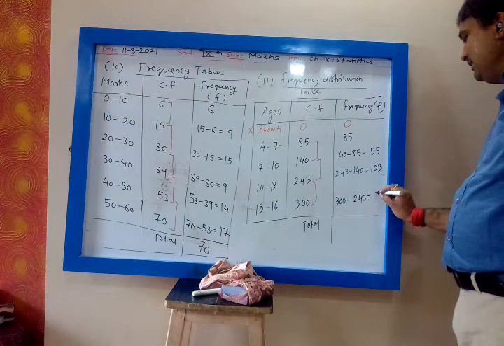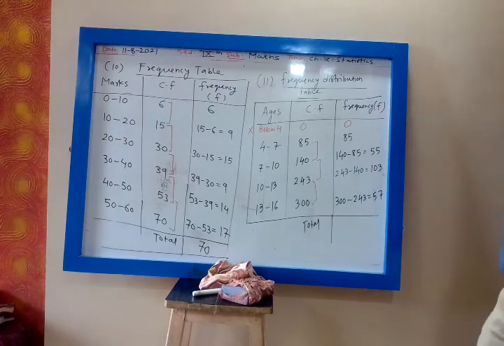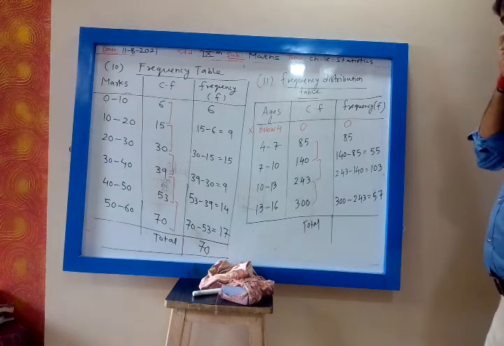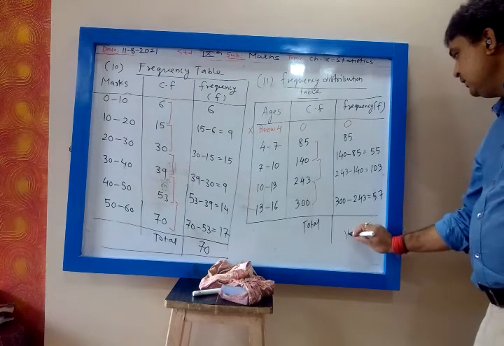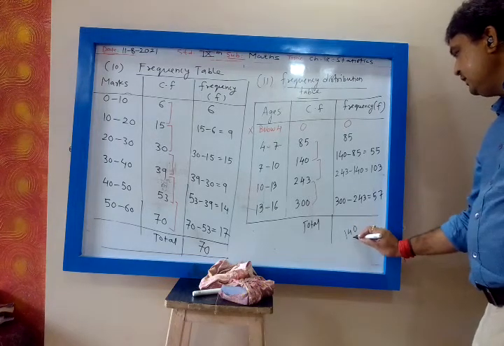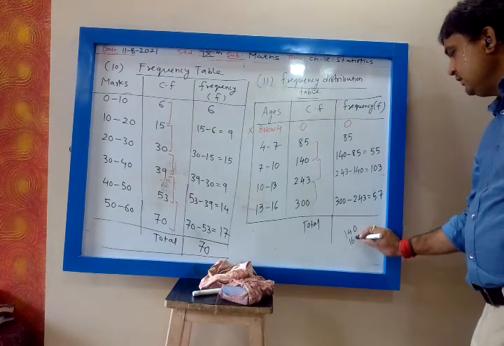Add all these: 85 plus 55 plus 103 plus 57. Tell me how much it is. 140 plus 160, that is 300.